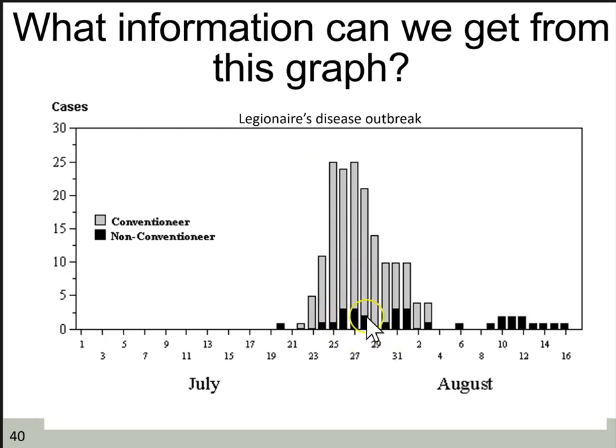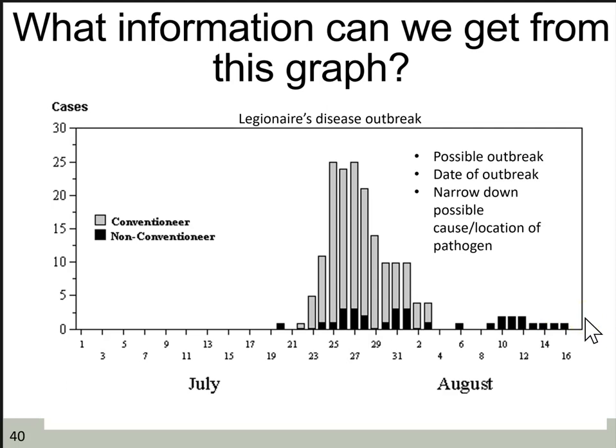Now, there were people who were not associated with that particular conference who had Legionnaire's disease. And from this particular graph, we can see that there's a possible outbreak. We can determine the date of that outbreak, and we can narrow down possible cause and location of this pathogen.